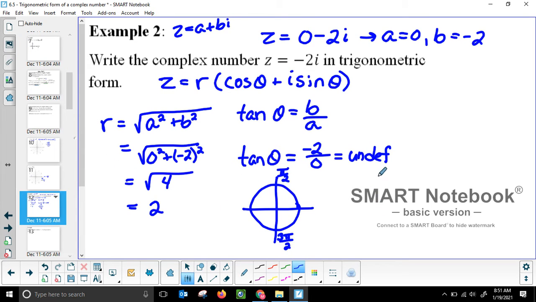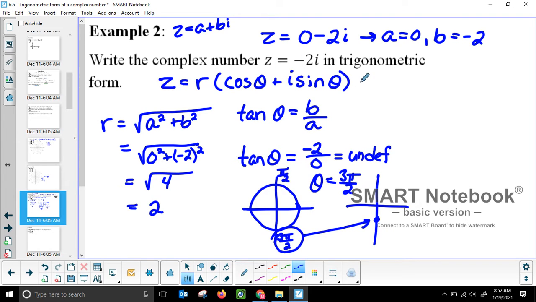If I'm going to graph 0, -2, 0 keeps me on the y-axis, and -2 would be down here somewhere, so that's going to be 3 pi over 2. So now I know that my theta is equal to 3 pi over 2.